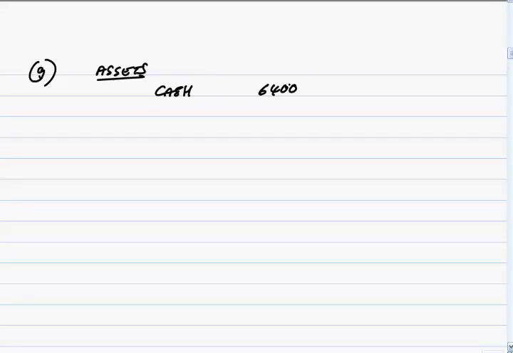Inventory has disappeared. We've sold all the remaining goods, so the inventory is 0. And on this statement, we don't waste space writing 0 items. However, we've still got the shop and the car. The car was 3,000, the shop was 2,000.